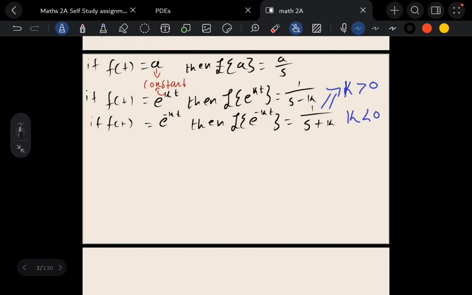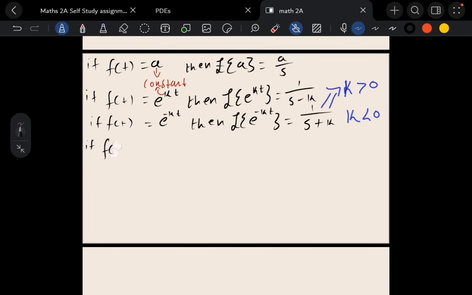Another thing that you need to know is that if f of t is t to the power n, which is an algebraic term raised to an exponent, then the Laplace transform of t to the power n is n factorial divided by s to the power n plus 1.